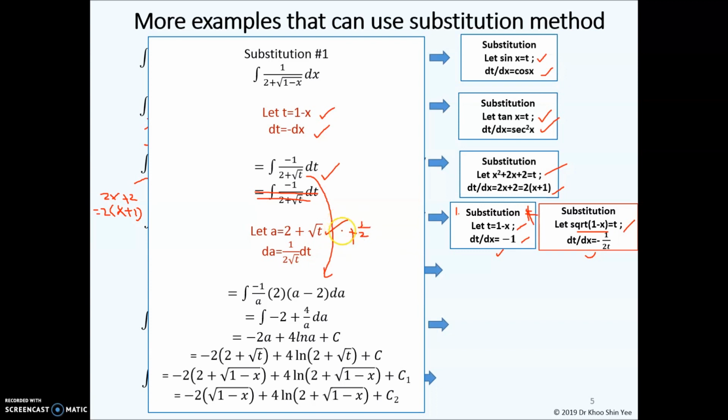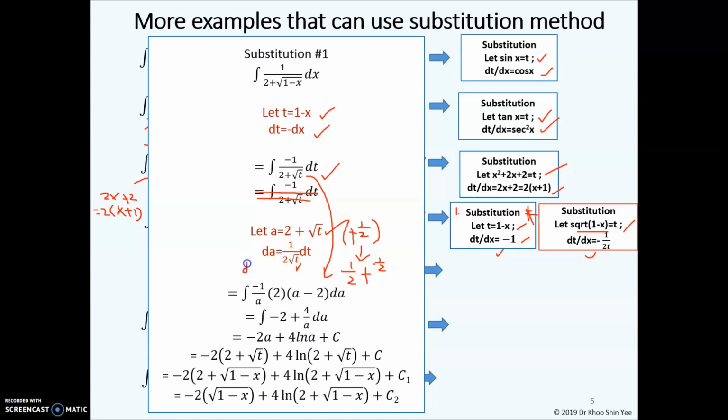If you differentiate dA over dt for this term, then we can get 1 over 2 multiplied by t to the power of negative 1 over 2 at the top. So t to the power of negative 1 over 2 is 1 over square root t. Okay, so you get this form.